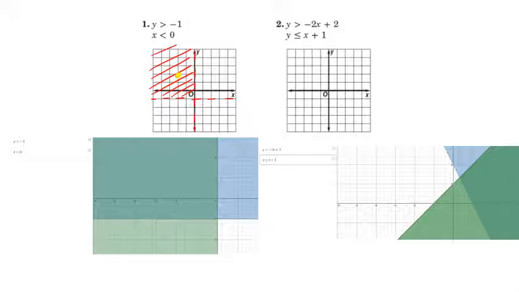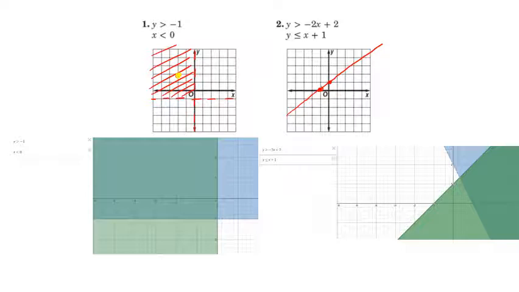If we look at example 2, we're going to draw our boundary lines first. So 1, 1, and that's a solid line. That would be our bottom equation here. y is less than or equal to x plus 1. If we shade underneath that, that would be all the points where y is less than x plus 1.